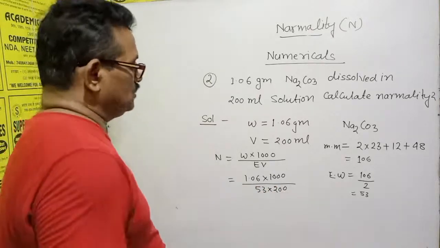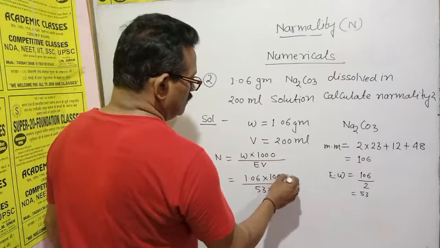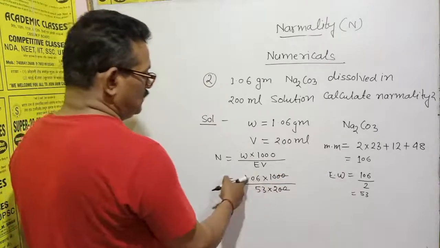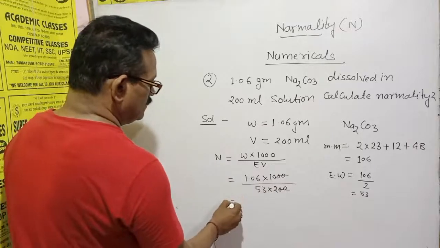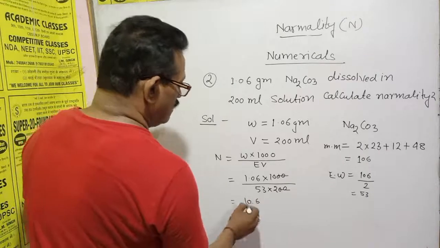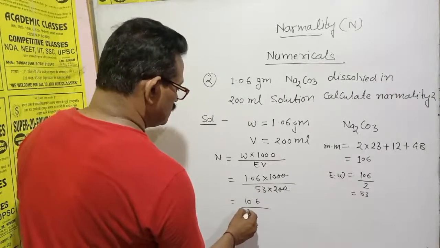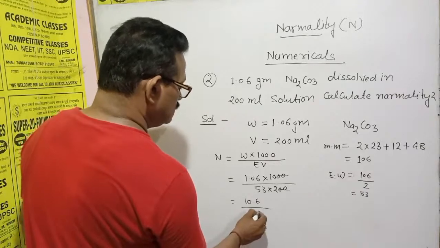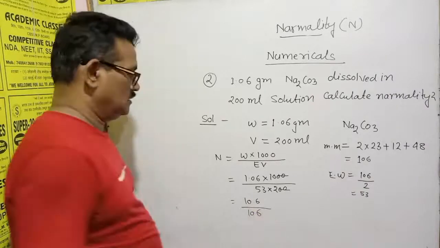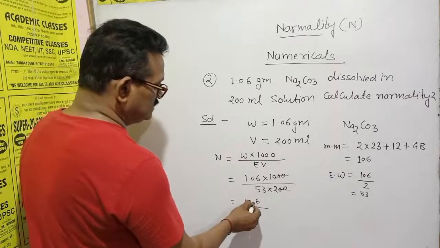Then you cancel out 20 and 20, and 10 multiplies here, then 10.6 upon 106.